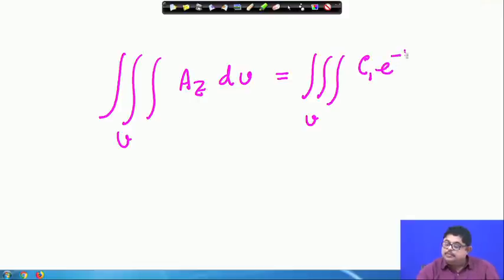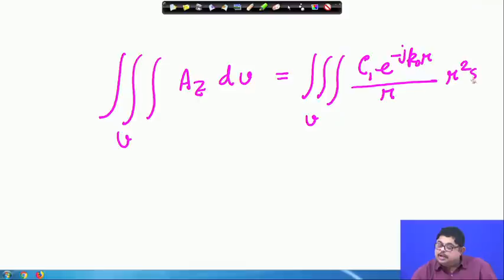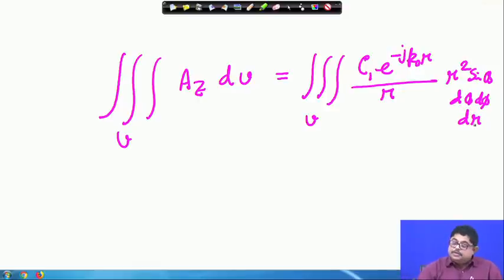C1 e to the power minus j k naught r by r, times r square sin theta d theta d phi dr. This is our dV in spherical coordinates: r square sin theta d theta d phi dr. So, you see that this term is proportional to r.